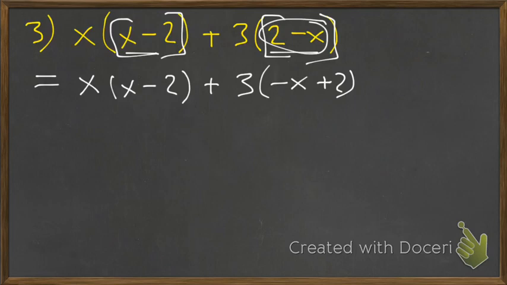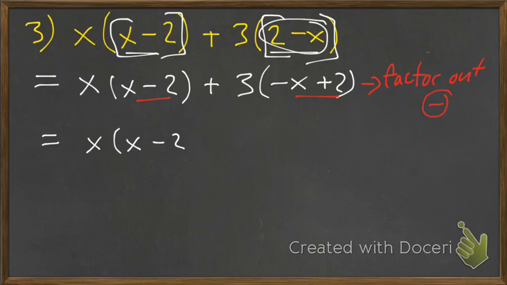Now what I'm left with here, x plus 2, x subtract 2, if I factor out a negative, I should end up with the same value. So I should still have x subtract 2. If I'm going to factor out a negative, that's going to affect this negative and that positive as well. So it should be negative 3 bracket x minus 2.